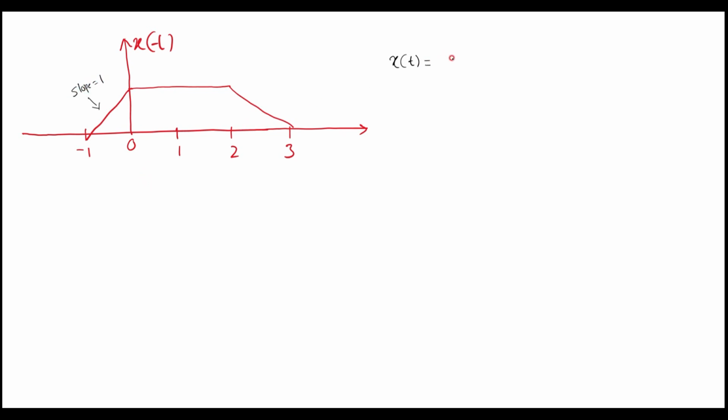Therefore, I can represent it as r of t plus 1, and we know that r of t plus 1 is nothing but t plus 1, for t less than or equal to 0 and greater than or equal to minus 1.